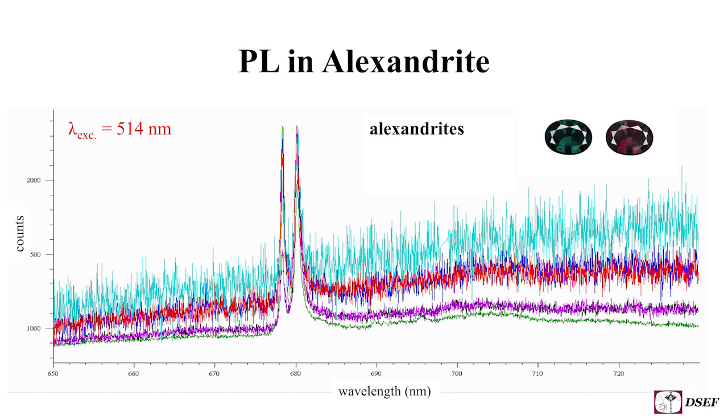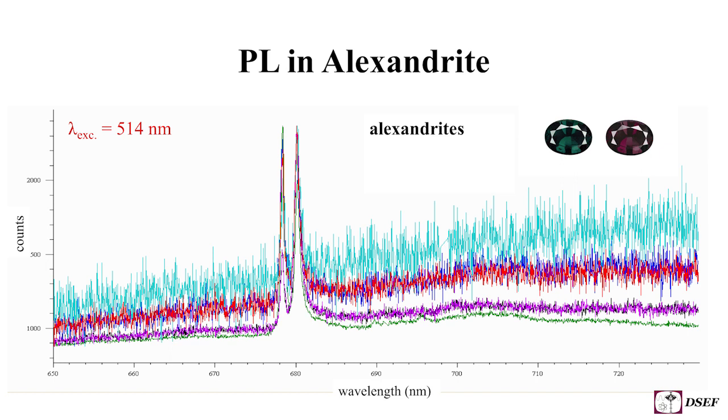Here, you can see a number of luminescence spectra of natural Alexandrites from all known deposits: Sri Lanka, Brazil, Russia, Tanzania, India.